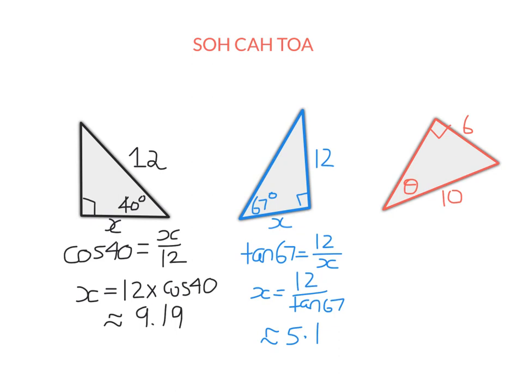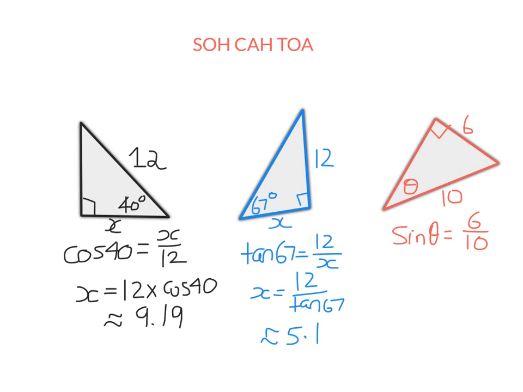So in this last example here, we're finding an angle. We still use the normal SOHCAHTOA acronym to tell us which ratio to use. I have the opposite side and the hypotenuse. Sine is opposite over hypotenuse. So here I have sine theta equals opposite over hypotenuse. Now, whenever you're finding an angle using trigonometry, instead of using sine, cos, or tan in your calculator, you use sine inverse, cos inverse, or tan inverse.